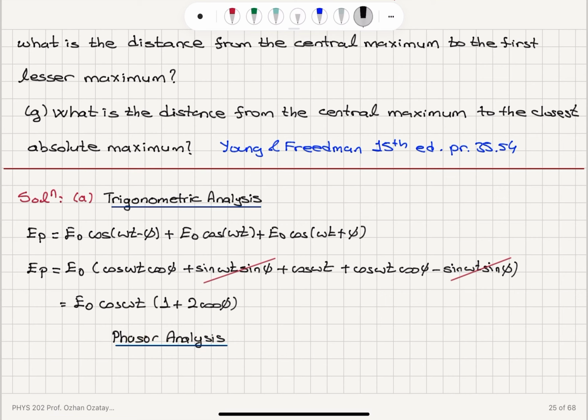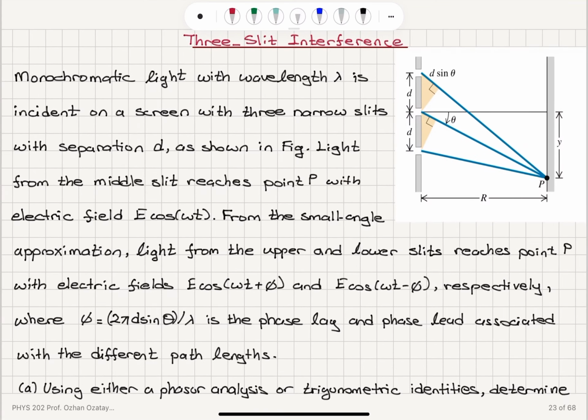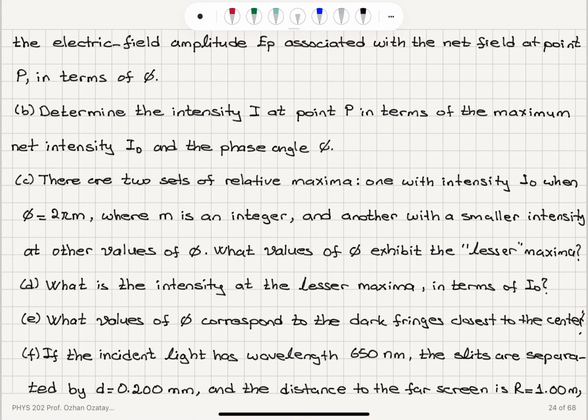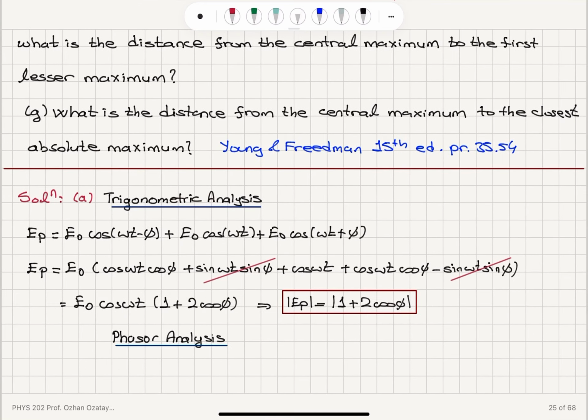Now, what is the magnitude of this oscillation? The magnitude of the electric field at point P will be E0 times (1 plus 2 cosine phi). So using trigonometric analysis, we have calculated the electric field amplitude at point P in terms of phi.